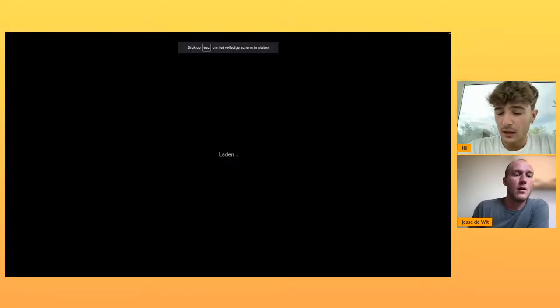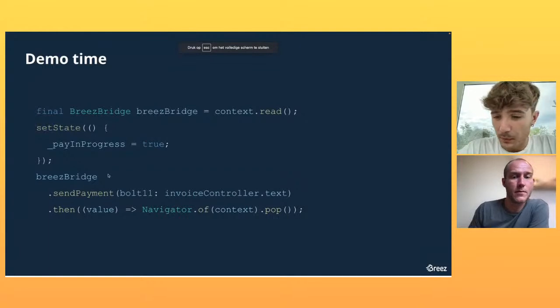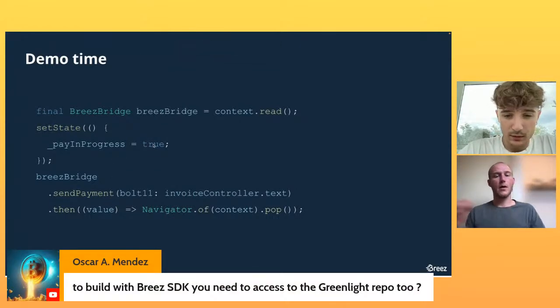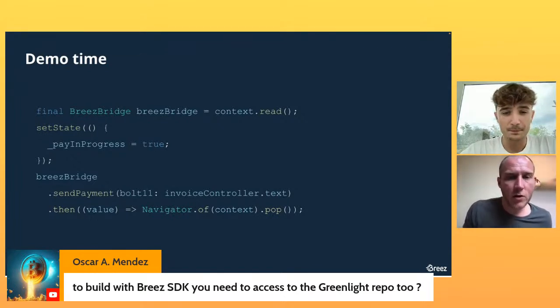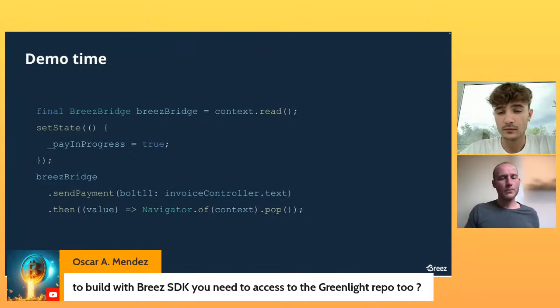There is a question also from before, again from Oscar. Do you need access to the Greenlight repo? Is the question, right? Yeah. So Greenlight just open sourced, I think, one or two weeks ago. So you don't need to get access to the Greenlight repo because it is open source now as well.